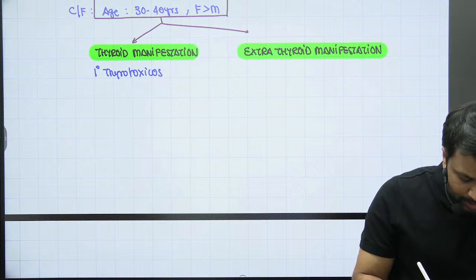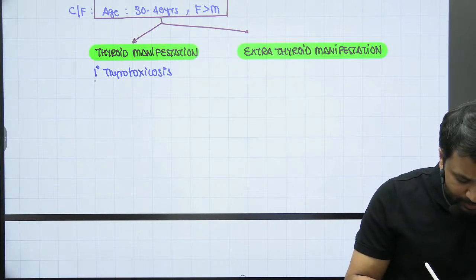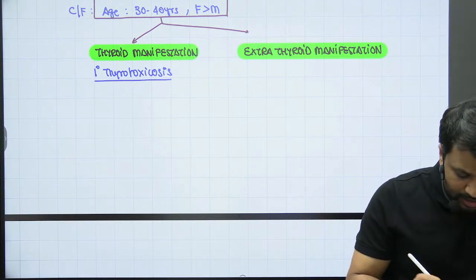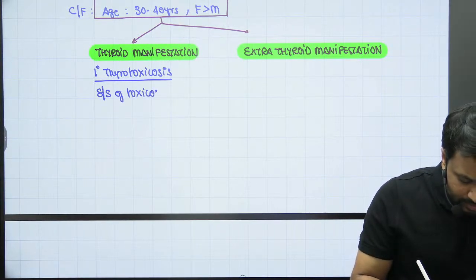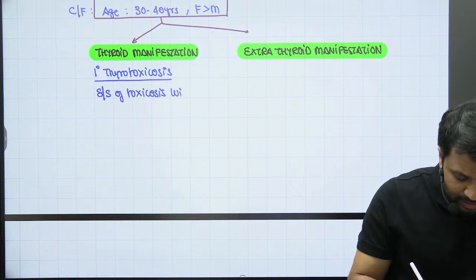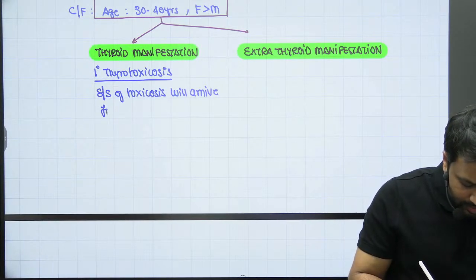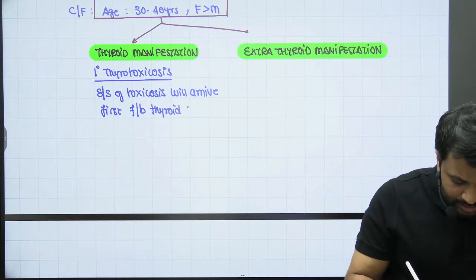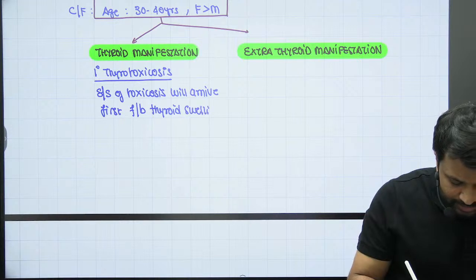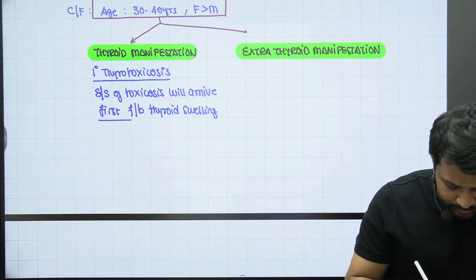Now what is the basic objective of primary thyrotoxicosis? In a patient of primary thyrotoxicosis, there will be signs and symptoms of toxicosis. The signs of toxicosis will arrive first, and it is then followed by thyroid swelling, right?